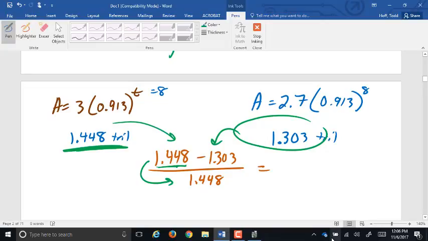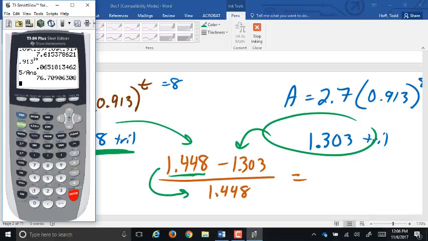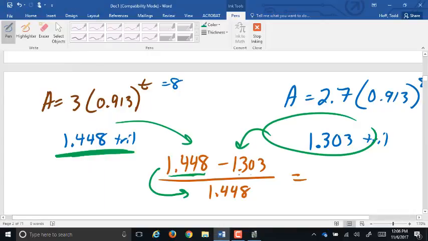So you subtract there, you get 1.445 divided by 1.448, because it should come out to be 10%, exactly. I'm guessing you had the 1.303 on bottom. Yeah, so you have to have the 1.448 on bottom.